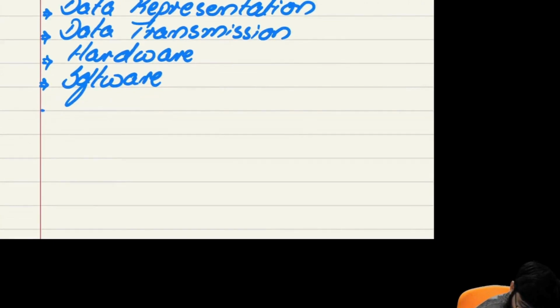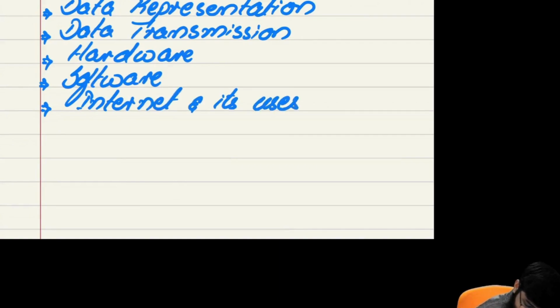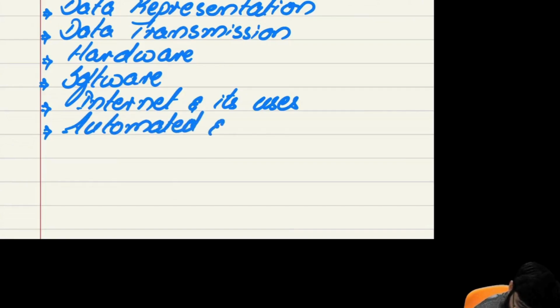Just after the software we do have internet and its uses. And at last we do have the topic regarding artificial intelligence, that is known as automated and emerging technologies.